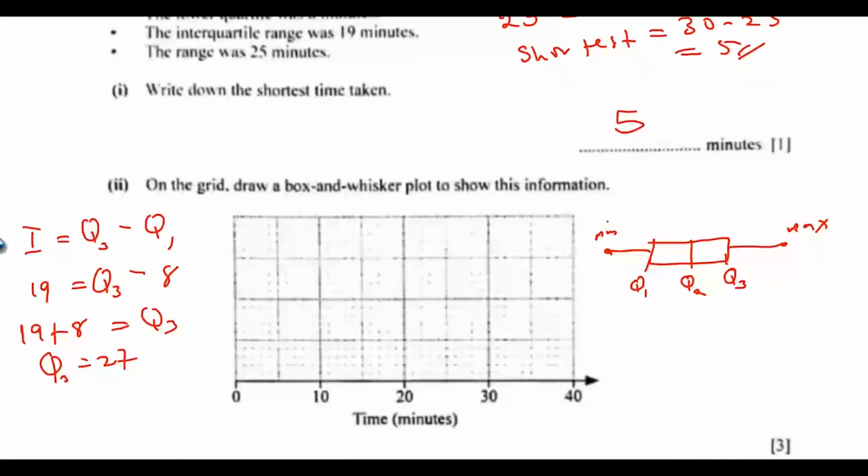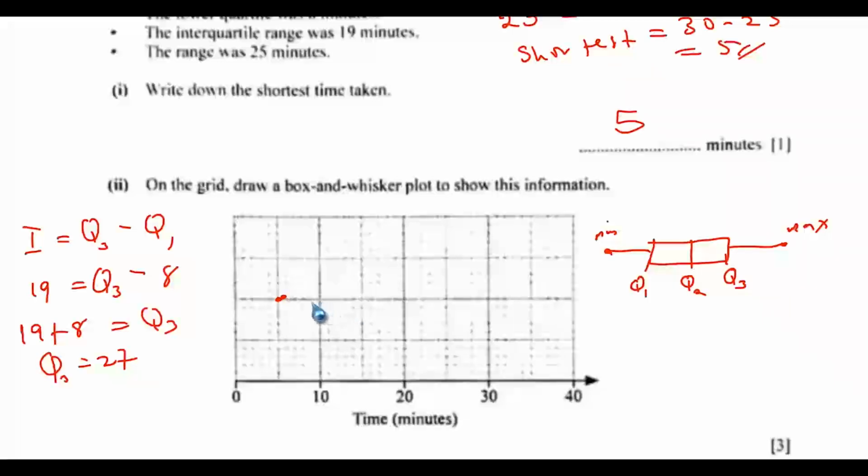Okay, so let's start with the minimum. So the minimum is 5. So 5 is here. You can use any height you want to use, no trouble. Okay, so let's take this. This is the minimum. And the first quartile, that is Q1, is given as 8.